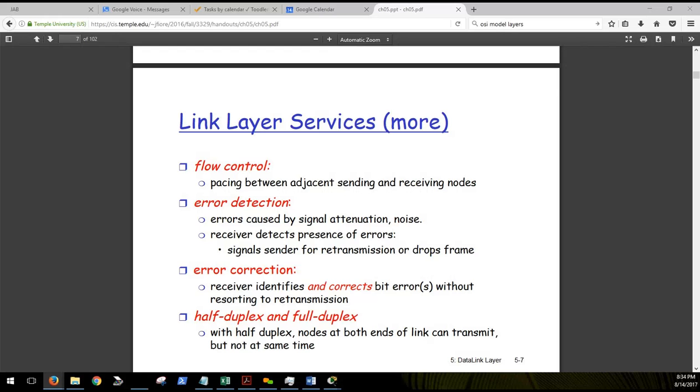Like routers? No. So what device? Okay. Hubs are half duplex. Switches are full duplex.